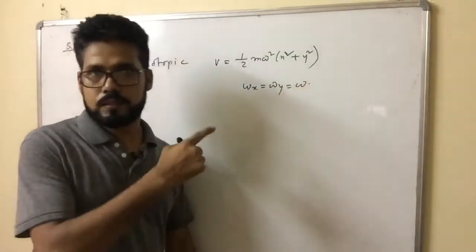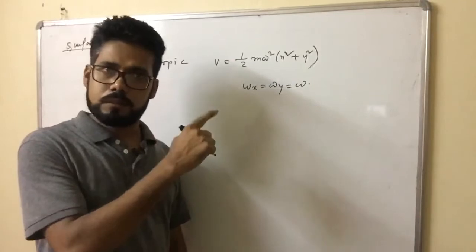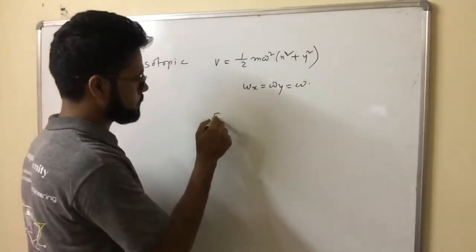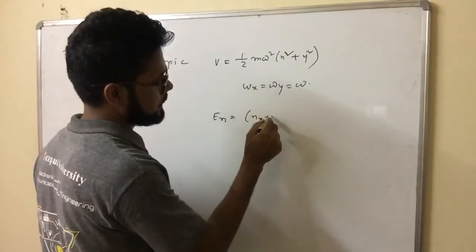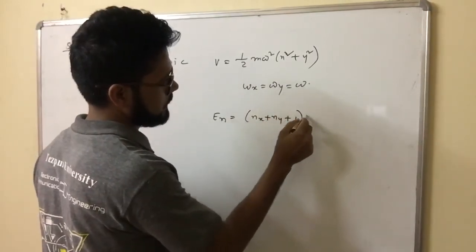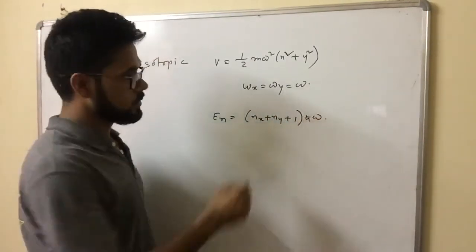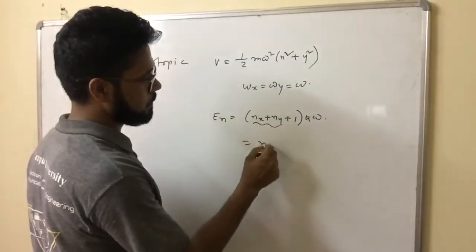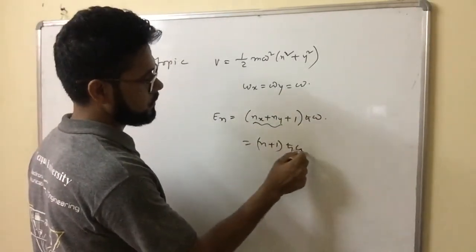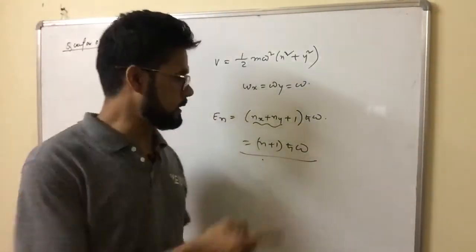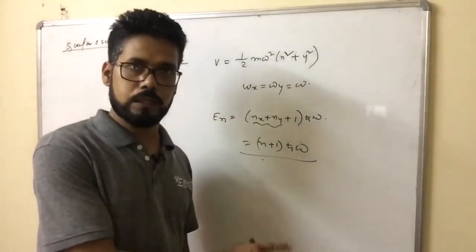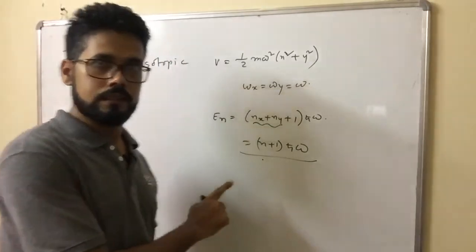This is isotropic, but it is two-dimensional. So what will the energy be? In two dimensions the energy is (nx plus ny plus 1) h-bar omega, so normally it is represented by (n plus 1) h-bar omega. This is the case of the two-dimensional harmonic oscillator. Never confuse: it is the two-dimensional isotropic harmonic oscillator energy.